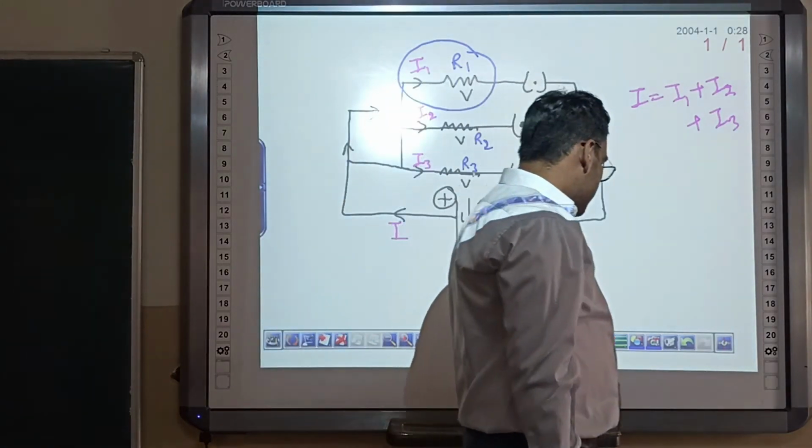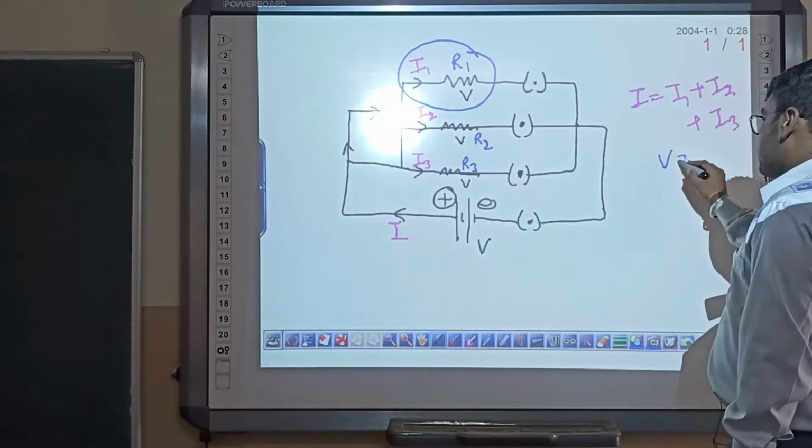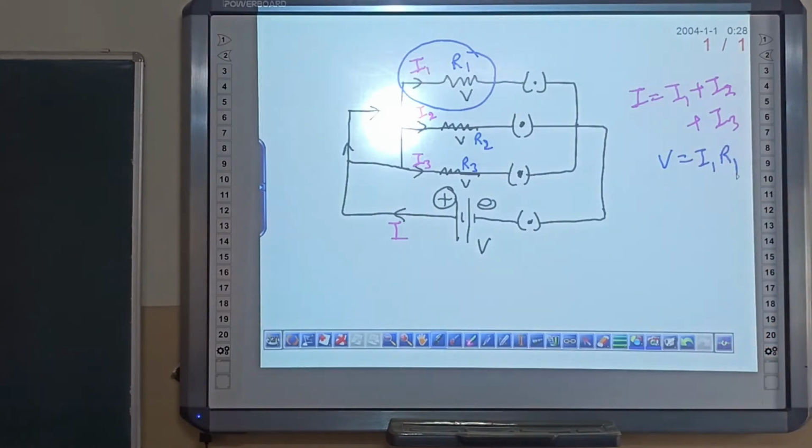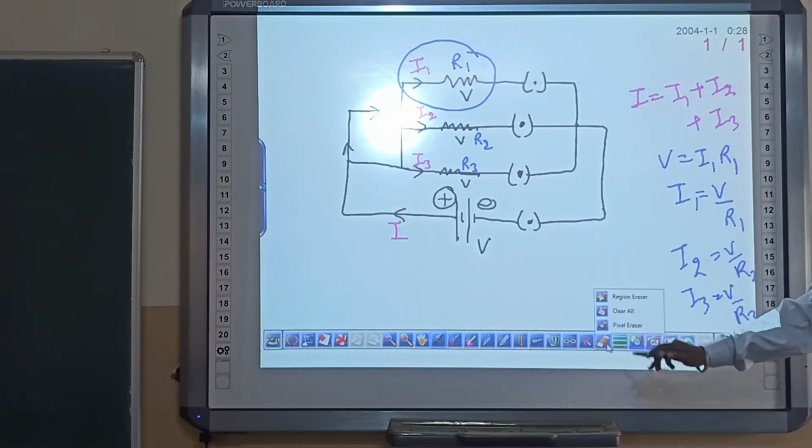So in the first circuit, can I say V is equal to I1 R1? Or I can say I1 is equal to V by R1. Similarly, I2 will be V by R2 and I3 is V by R3.